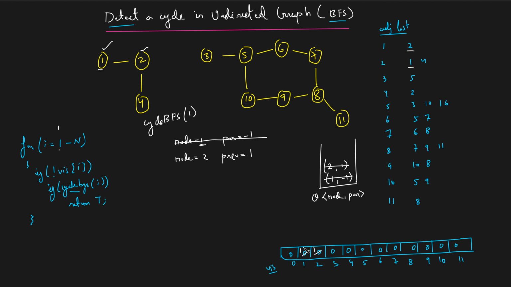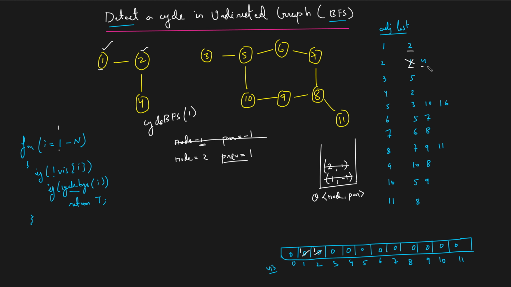Yes, it is visited. But can you say that it is a cycle? No. Why? Because this one which is visited is actually the previous node. So from the position you came, that is what it is giving as an adjacent node. So that's not a cycle. That's just the previous node. That is why it's visited. So I will ignore this.